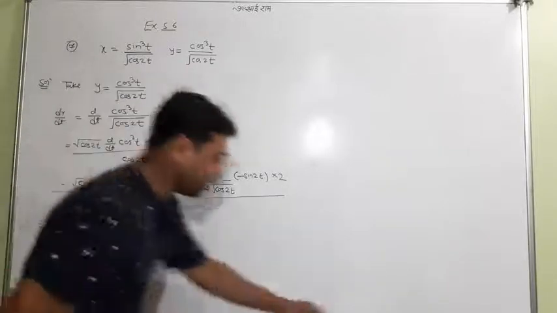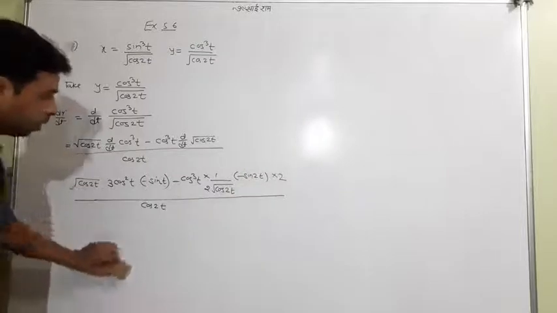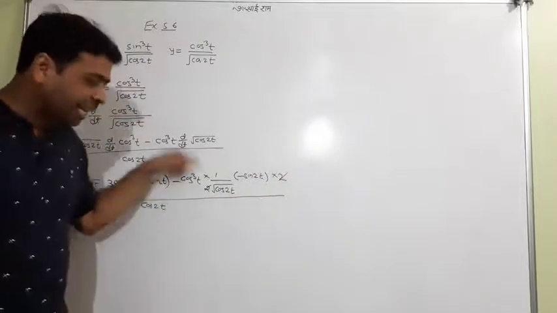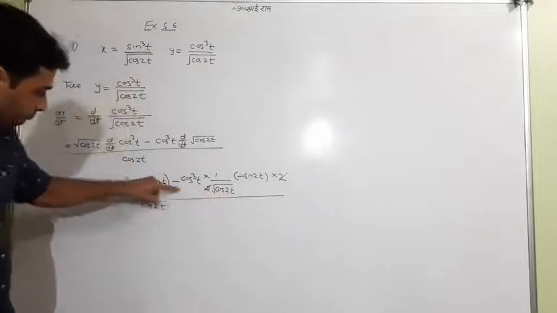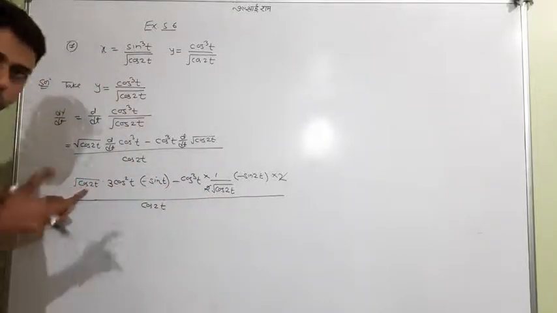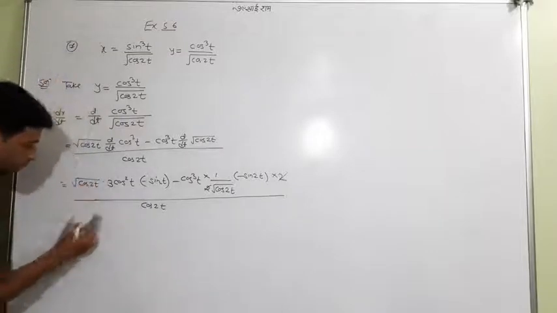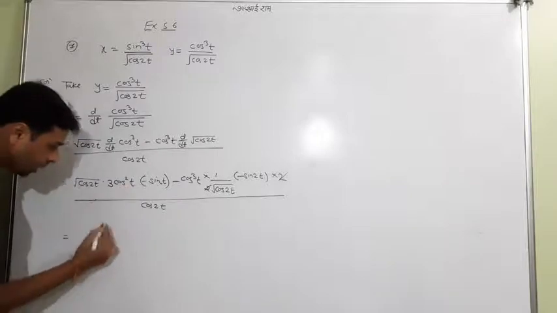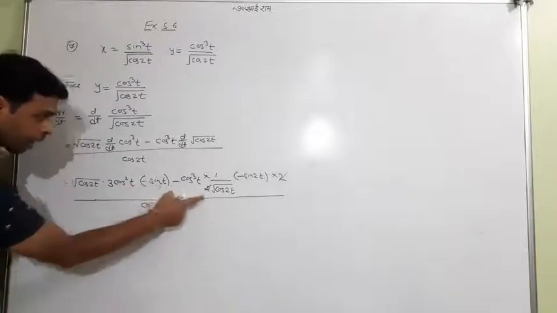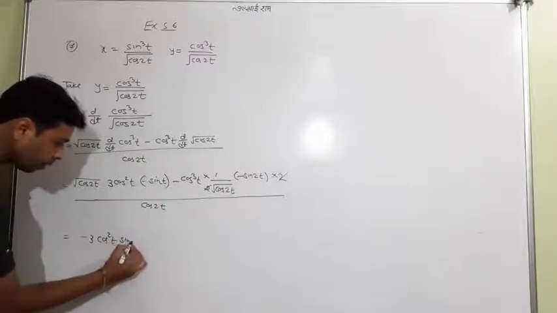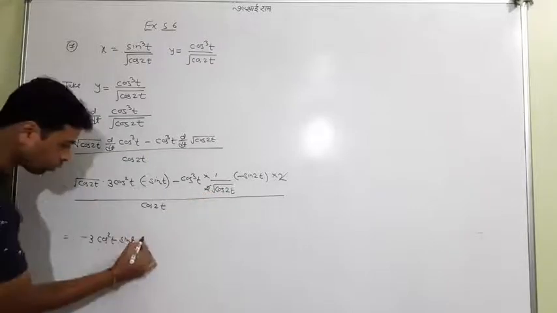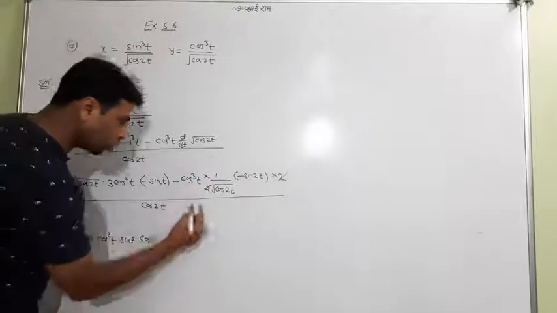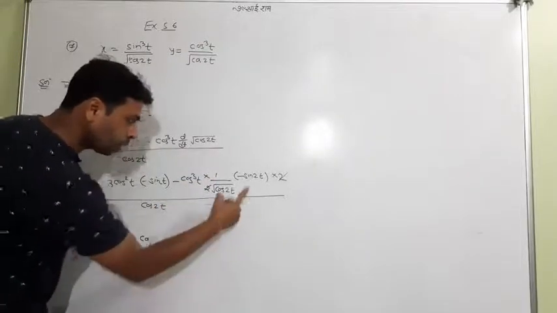So 2 or 3 things I just want to make direct. Look at these, 2 and 2 will be cancelled. Take an LCM. Cos 2t will multiply on that side. Root will be removed. Minus 3 cos square t and sin t, and when these two multiply, it's cos 2t. Minus and minus plus cos cube t and sin 2t.